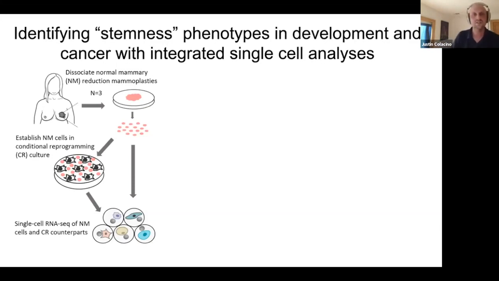This is a technique for primary tissue culture that was developed by the Schlegel lab at Georgetown, where it really does a nice job of pushing your cells back into a more primitive state, to study these stemness alterations in vitro. And then we could compare and contrast what we see at baseline in these women versus what we see after we've pushed them to a more stem-like state.